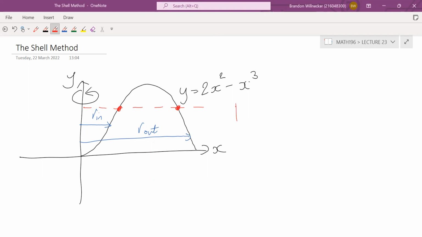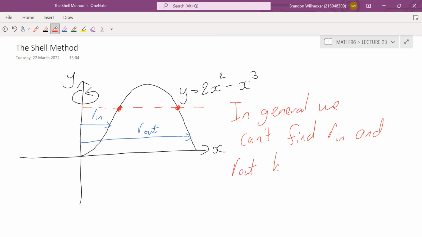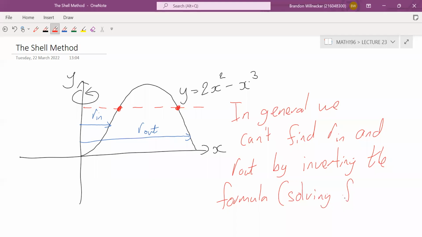So in general, we can't find R in and R out by inverting the formula, or in other words, solving for X. In some cases, you could solve for X and then your first X solution will be R in, your second X solution will be R out.